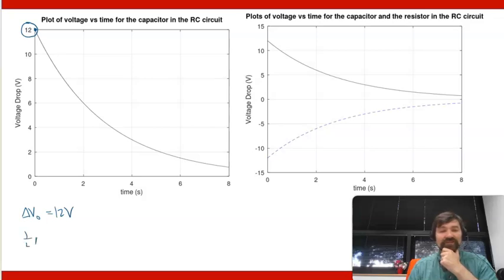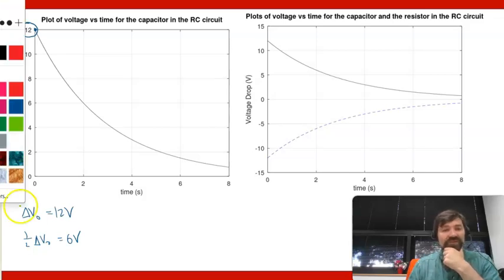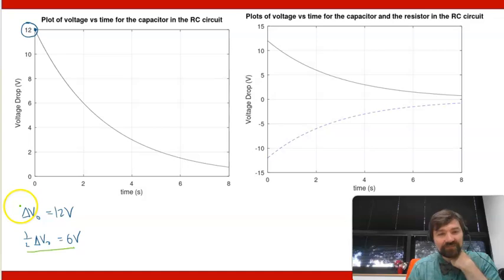That means that half of delta V0 is 6 volts. So now let's look for where 6 volts occurs on this graph. Well, that's this right here. This is 1/2 of delta V0. So we follow this line along, and then we follow it down, and we see that the half-life is again 2 seconds.